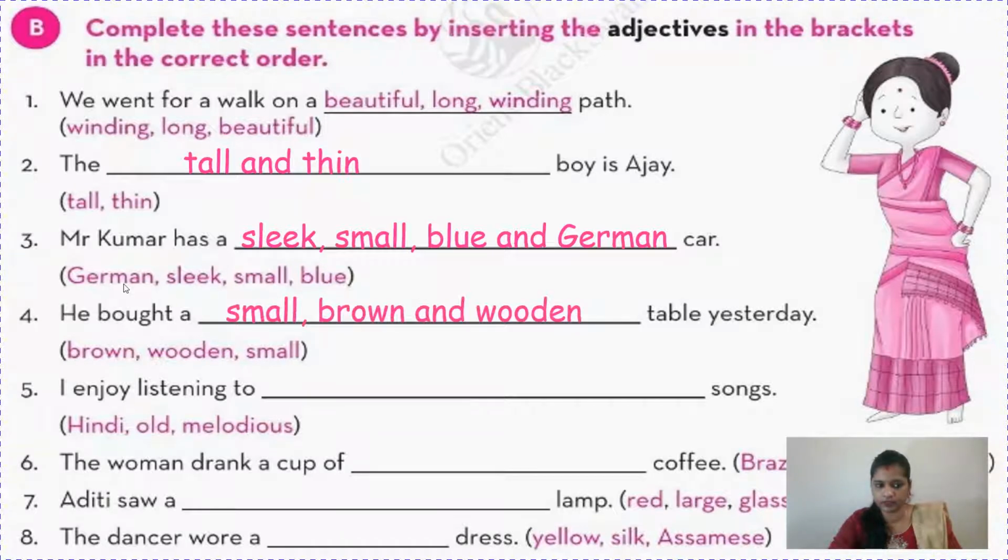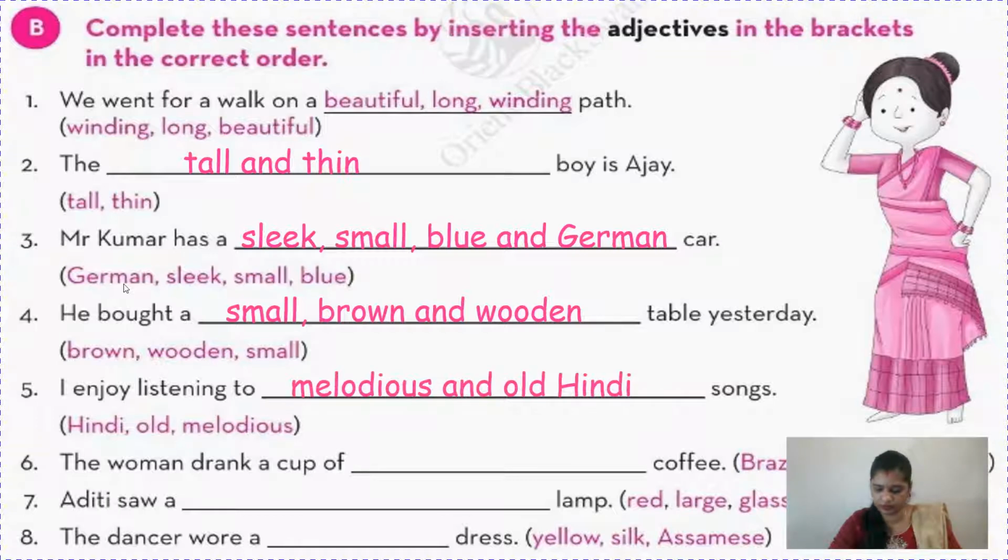Now fifth number is I enjoy listening to dash songs. Now it's written Hindi, old and melodious. So children, Hindi, you remember, it will come in origin, so obviously it will go last. And melodious, it is giving opinion, and old, it is age. So opinion, age and then origin.